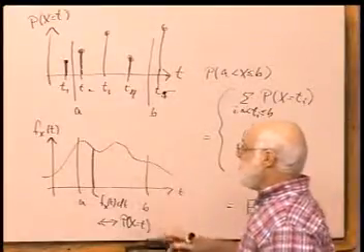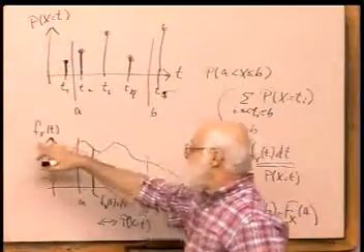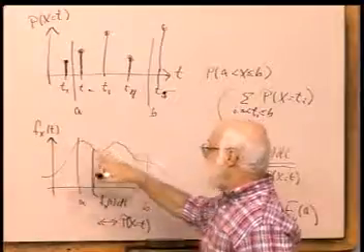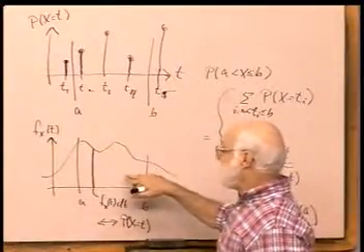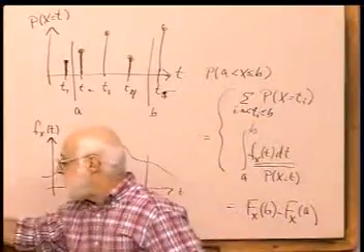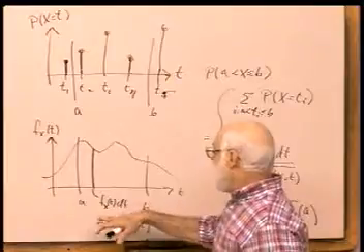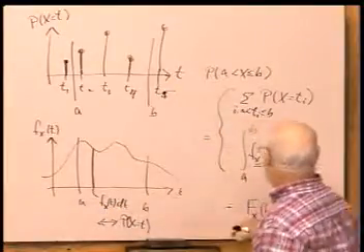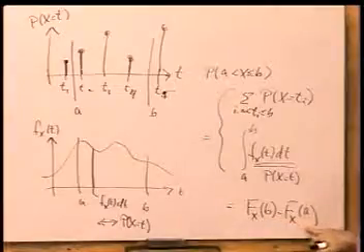So one viewpoint is that little f replaces this probability mass function, and little f is a function whose areas are probabilities. And if we define big F to be such that its derivative is little f, then the probability that the random variable lies in any interval is big F at the upper limit minus big F at the lower limit.